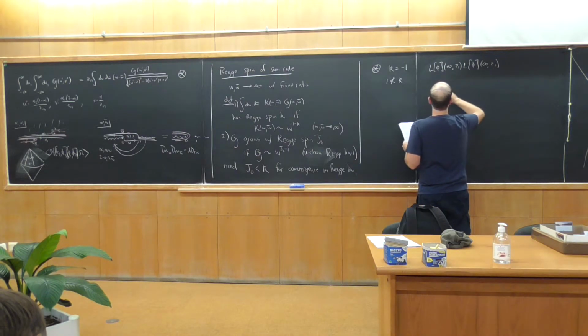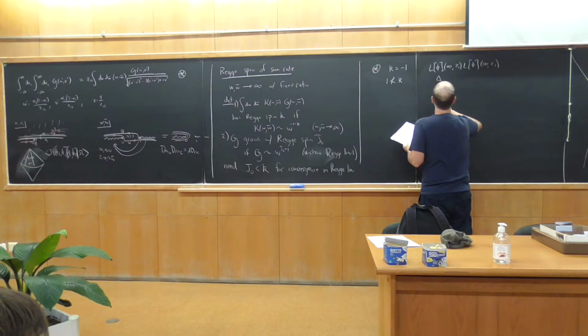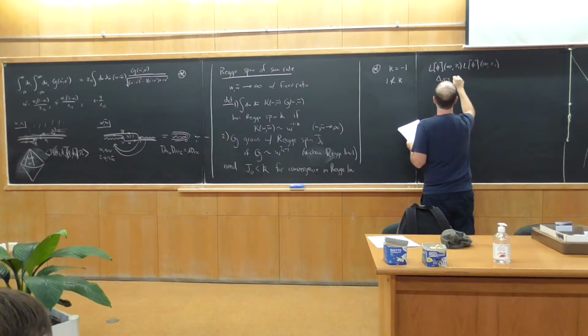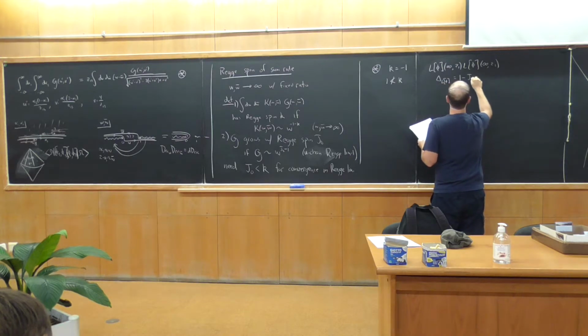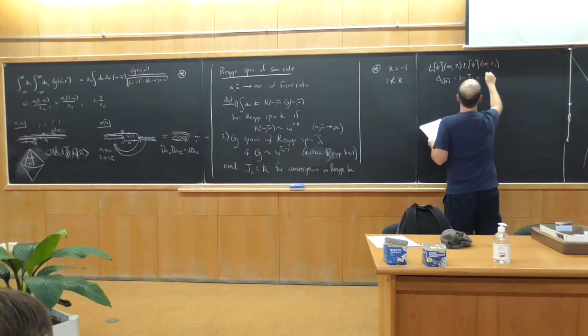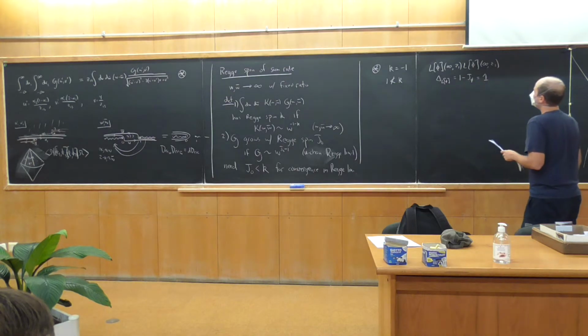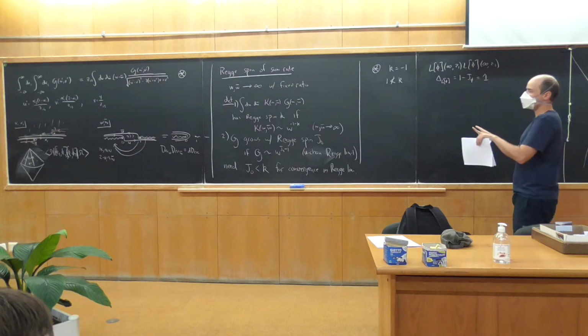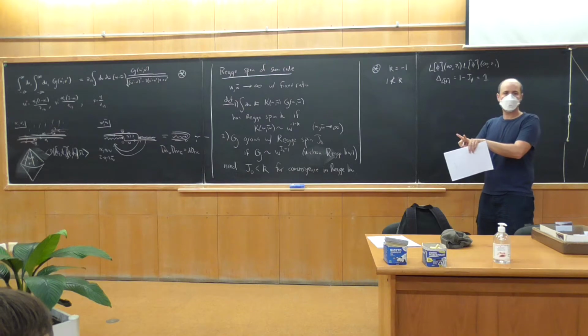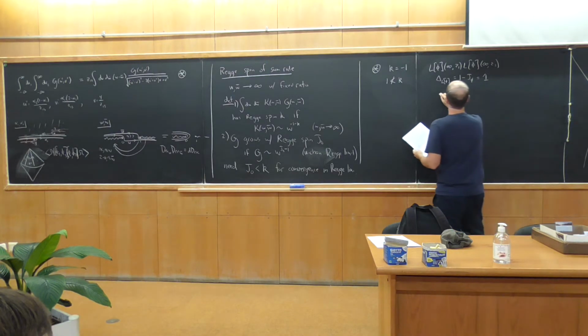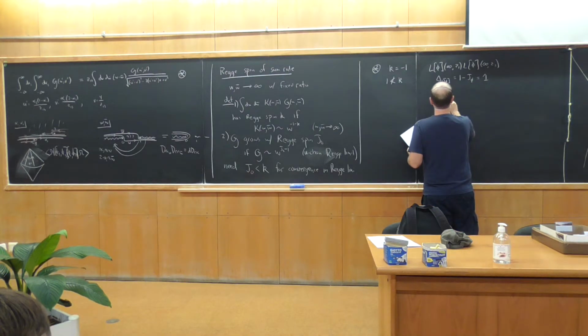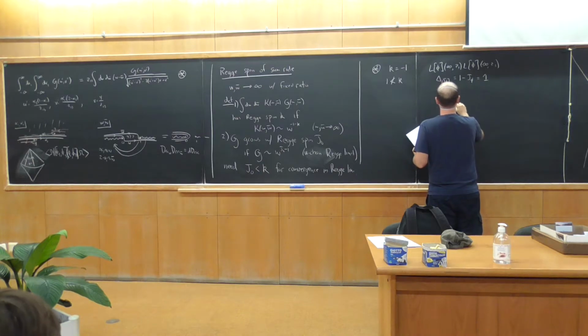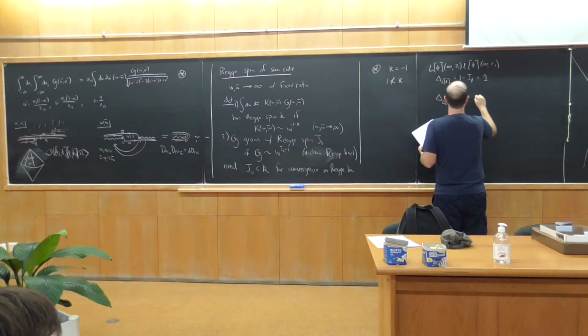This is a product of operators with dimension. So the dimension of L of phi is 1 minus the spin of phi, which is 1. So we're taking two operators with dimension 1 and we're formally sticking them at the same point. That gives us something with dimension 2.